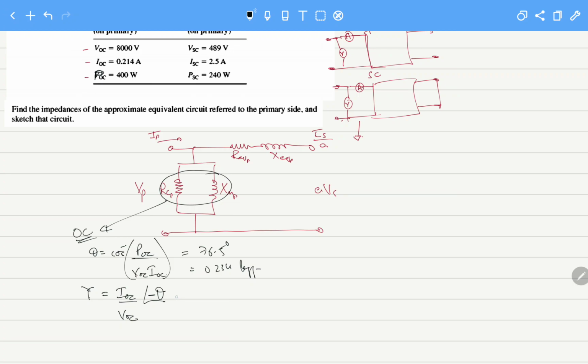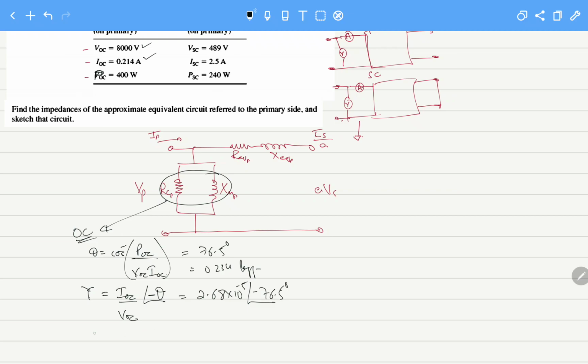And when we want to calculate admittance Y, it will be IOC over VOC, with this value and this value, and this will become equal to 2.68 into 10 raised to power minus 5 with angle minus 76.5 degrees.